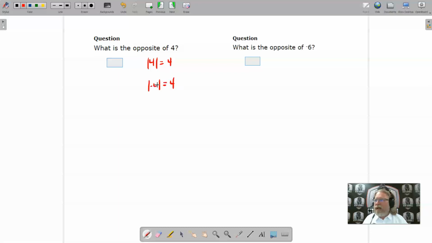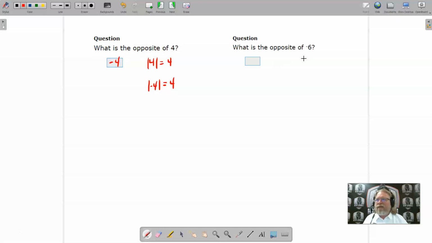In this case it would be -4. So the idea is that in order to find the opposite of a number, if it's positive, then its opposite is negative, and it's the same absolute value. And if it were negative, the opposite of -4 would be +4. They both have the same absolute value, just opposite signs.